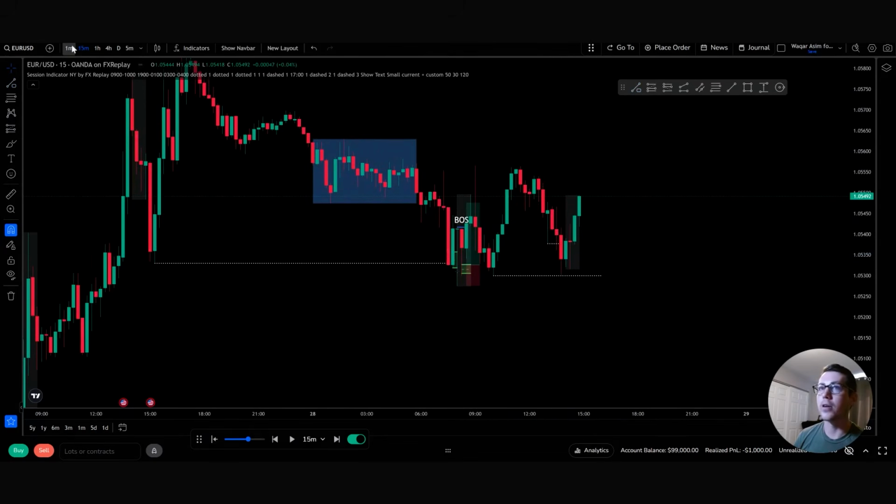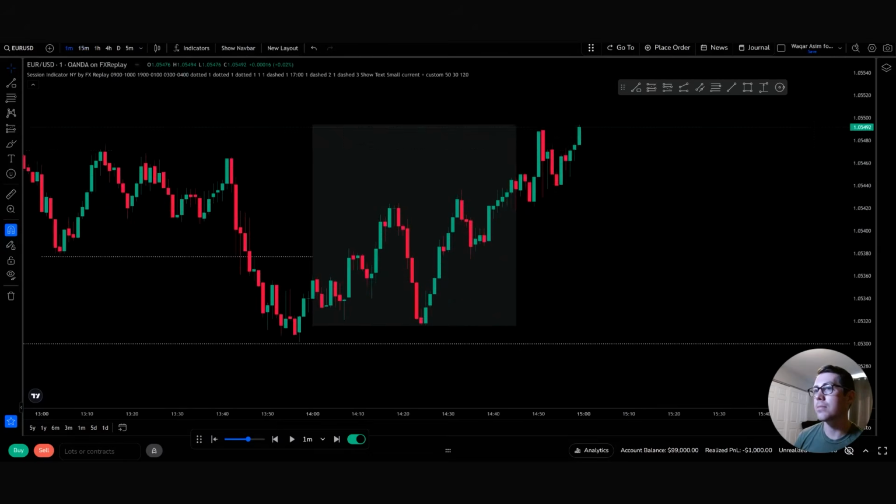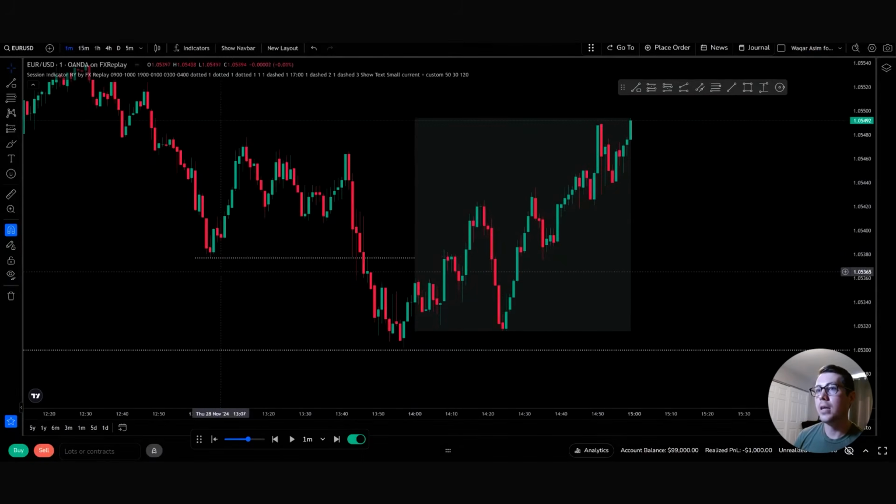Maybe this would have worked out if we would have used this inducement low. I'm going to mark it out. I'm not going to go back and record it because I wanted to see that other low taken, but if we would have used this intermediate inducement, we could have had no super clear breaks of structure until maybe right here.